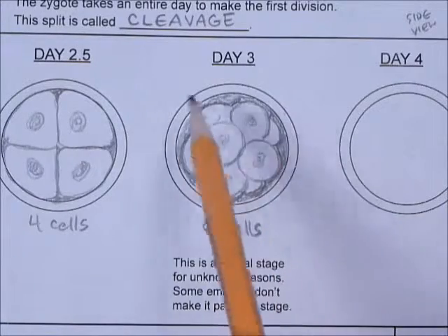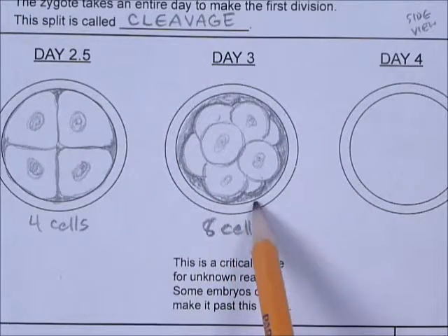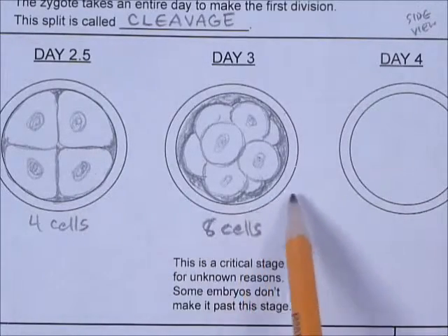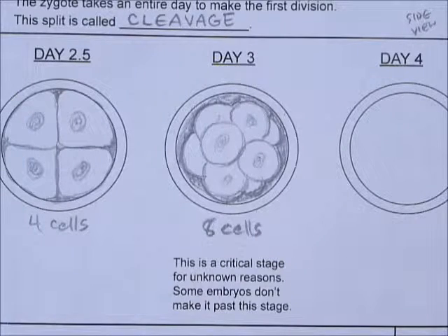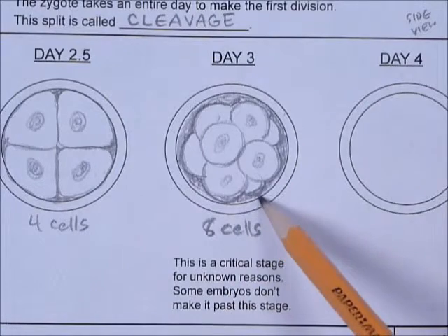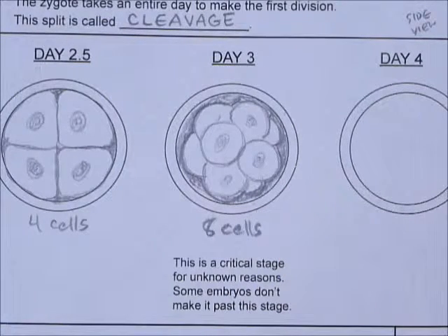But because they do this so much, scientists have looked at this little 8 stage, probably some 4s and 16s also, but they've looked at this 8 stage so much that they actually have a lot of data, and they know out of every 1,000 or every 100 of these, how many will make it and how many won't.